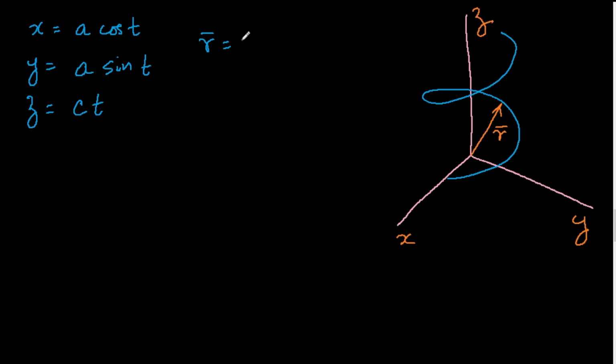So r vector can be represented as x of t i plus y of t j plus z of t k. So here I have assumed that t is time. Then r dot will give me velocity, r double dot will give me acceleration. Anyways, that's not the point.